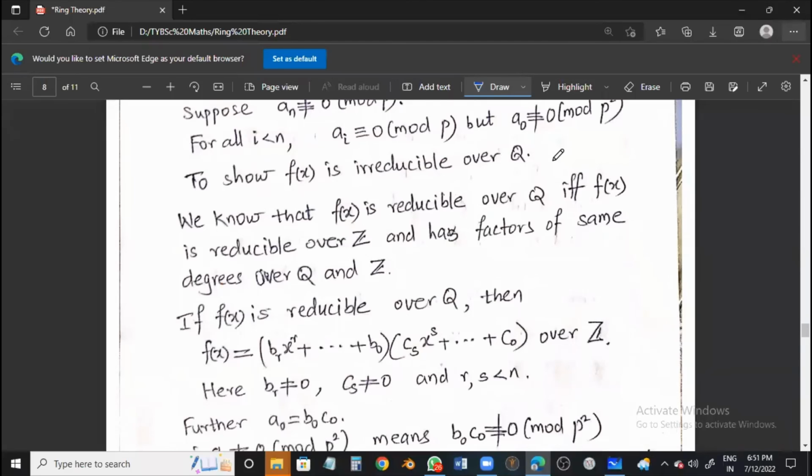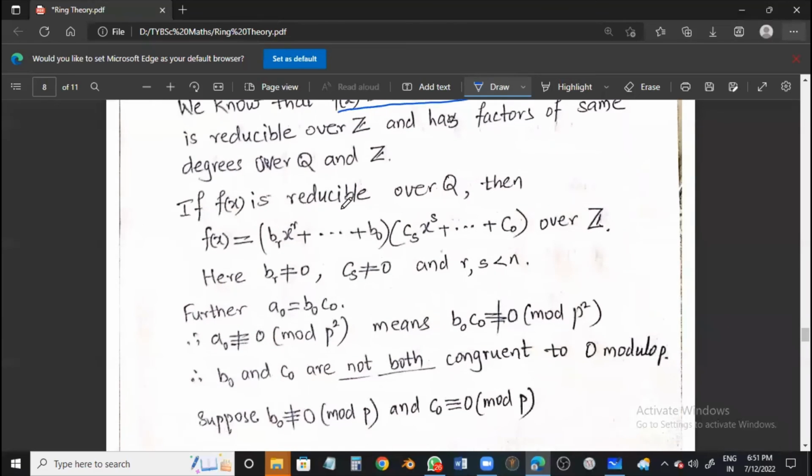We want to show that f(x) is irreducible over Q. Again, we use the same fact. Suppose f(x) is reducible, then what happens? So suppose f(x) is reducible over Q. Then f(x) becomes reducible over Z and has factors of the same degrees over Q and Z. I can factorize this way, and on purpose we have taken the leading terms as b_r x^r and c_s x^s.